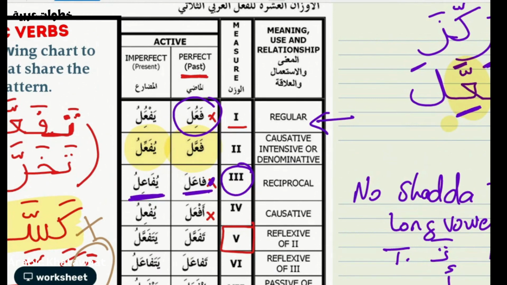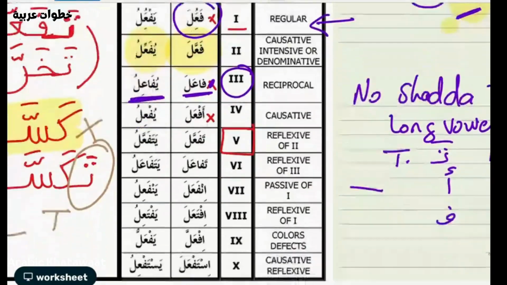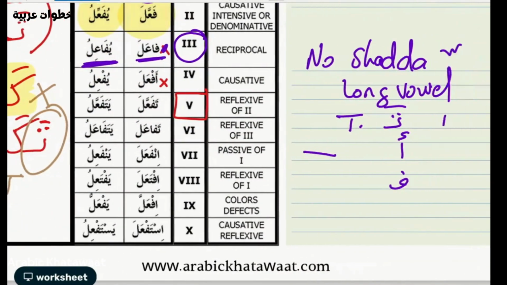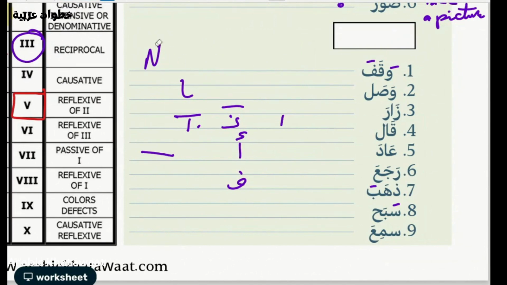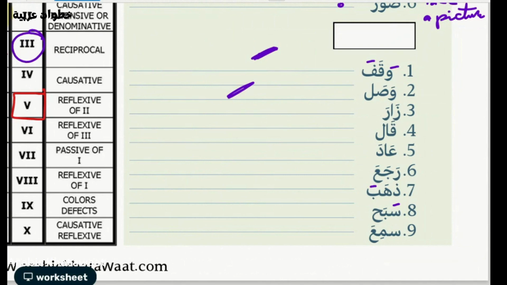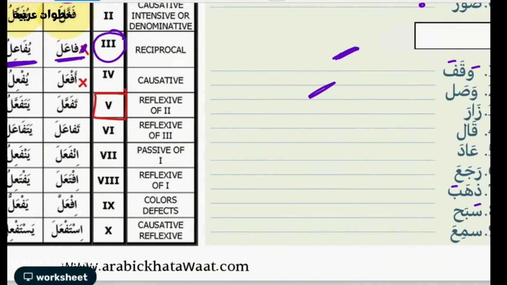Form 1 has no shadda, nothing. The only difference with form 1, the tricky part about form 1, is that the middle sound or letter could take a fatha, it could take a kasra, and I'm just going to show it to you over here.